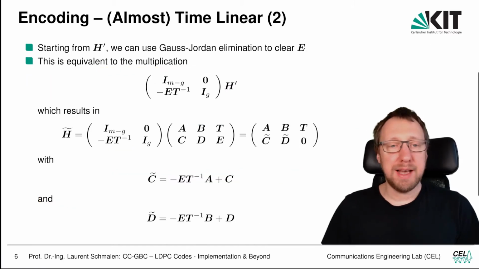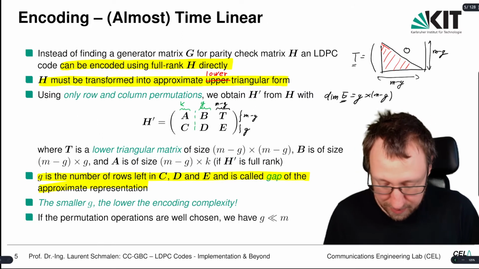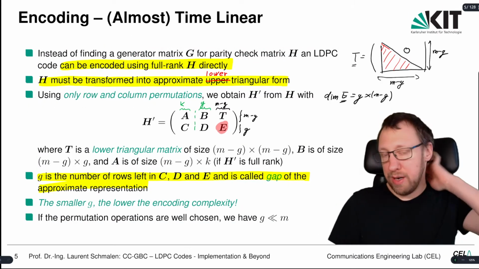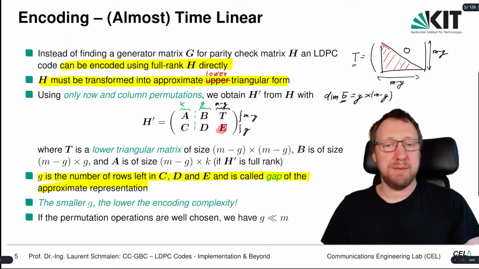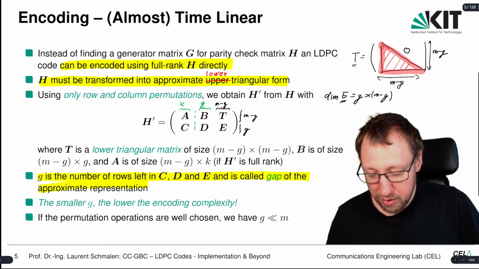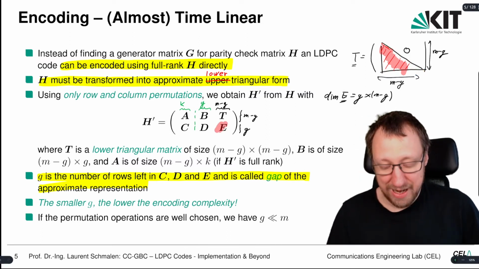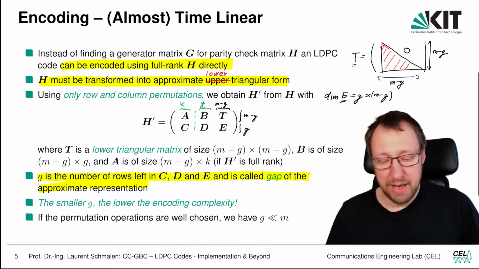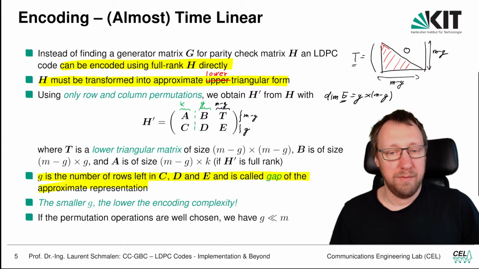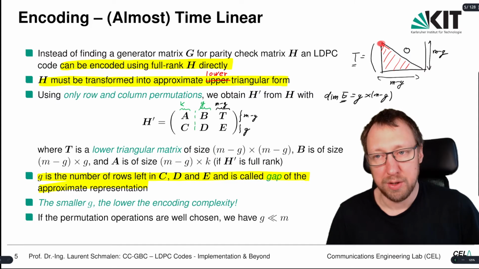The next step is we eliminate E. We have this matrix E down here, and we don't want it. We want to get rid of it. How can we get rid of this matrix E? Well, that's simple, because here we have a lower triangular form, so we can use Gauss-Jordan elimination to clear E. We can just clear E by adding some rows and columns from E. For instance, we have a single entry in this row, in this first column.